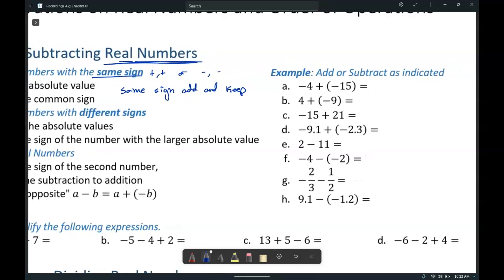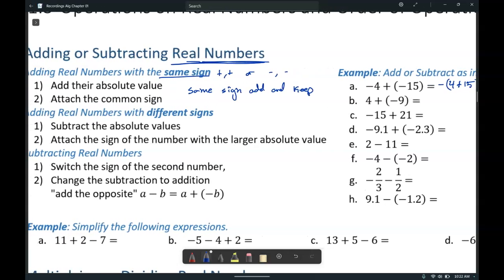The first one is adding with the same sign. The magnitude of these values is different, but the sign associated with them is the same. And so what we want to do is take the magnitude and add those together. We're going to add the magnitude, and then we're going to keep the sign that's associated with them. So we get a larger magnitude, negative 19.